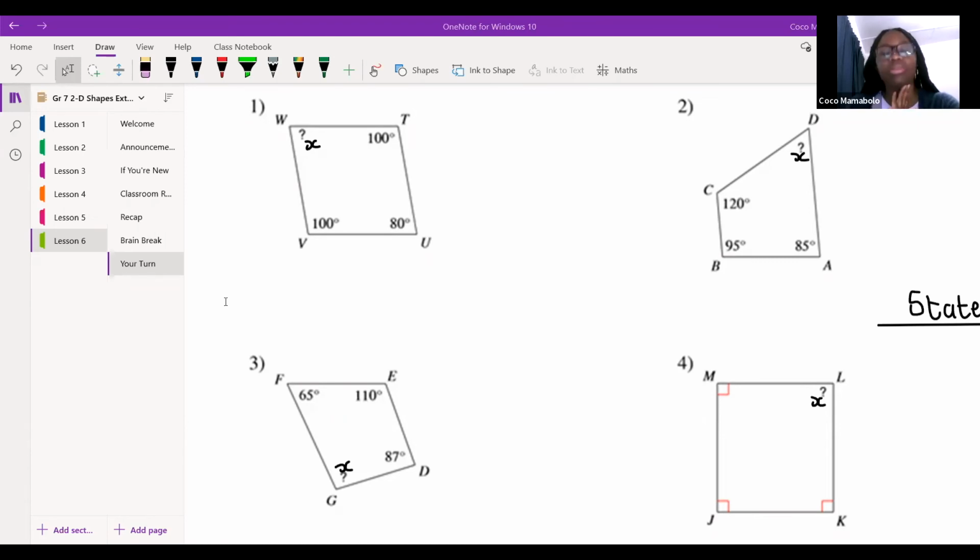Yes, Roland. The method that you explained on Monday, it's the one that we're using today. Okay. Misela says, ma'am, I don't understand number 4.